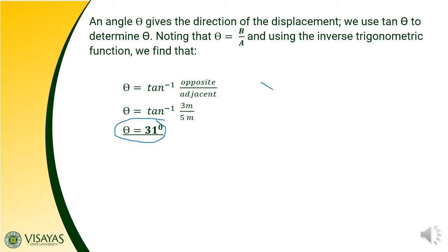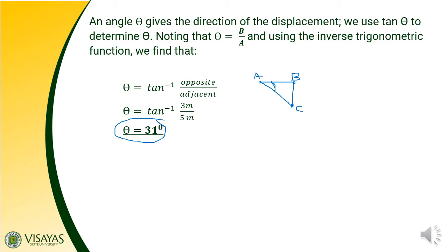So kanina sa problem, we have formed a right triangle. So ito yung point A, tapos ito yung point B, tapos ito yung point C. So yung hinahanap nating theta or yung hinahanap nating angle ay ito. Tapos, we have this formula which is opposite over adjacent.